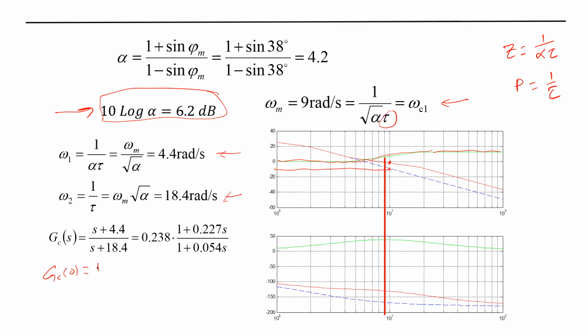So in order for me to make this condition, I have to take K to be 1 over this quantity. This is my design. This is the compensator, which will give me the complete design.